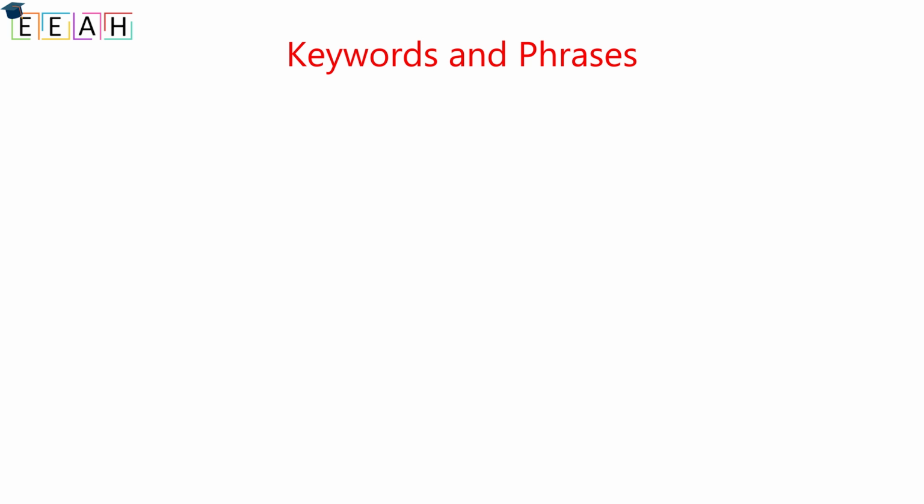Let's have a look at today's keywords and phrases. We use was and were to talk about past situations. Was and were are the past forms of be. When you want to form sentences with the singular ones, I, he, she and it, you use was or wasn't.